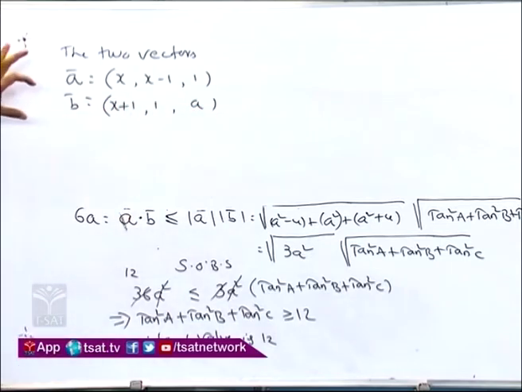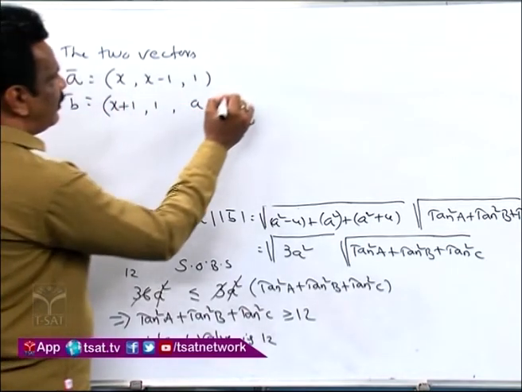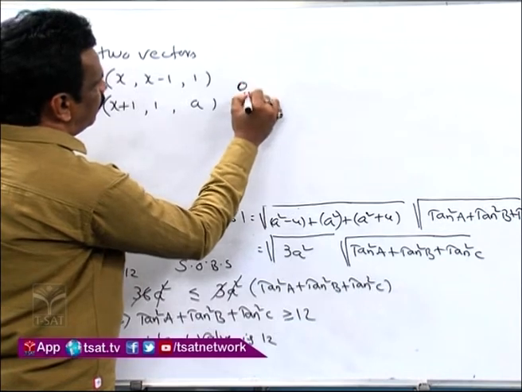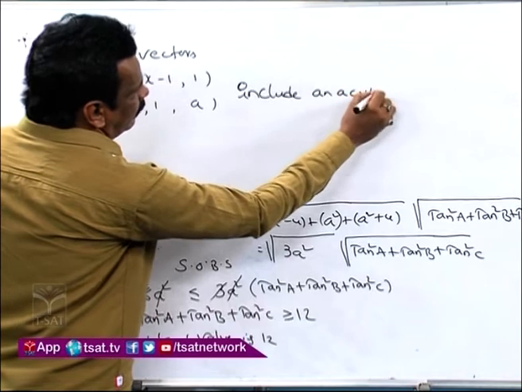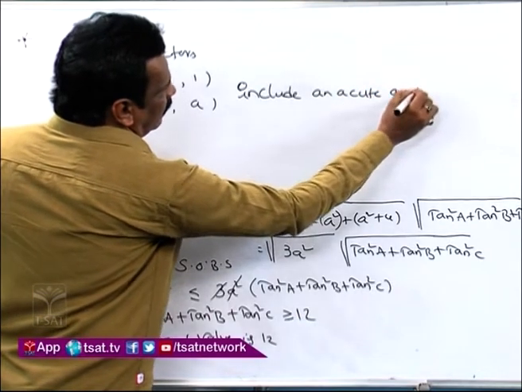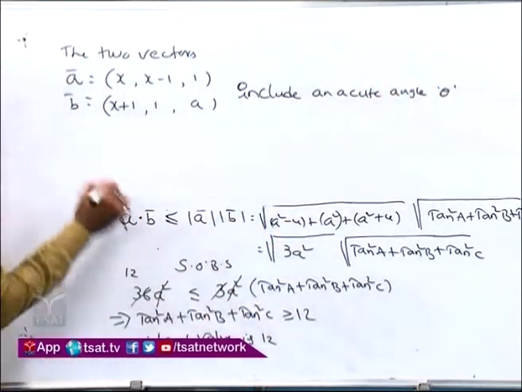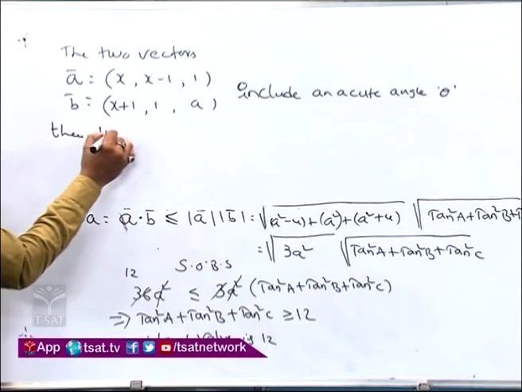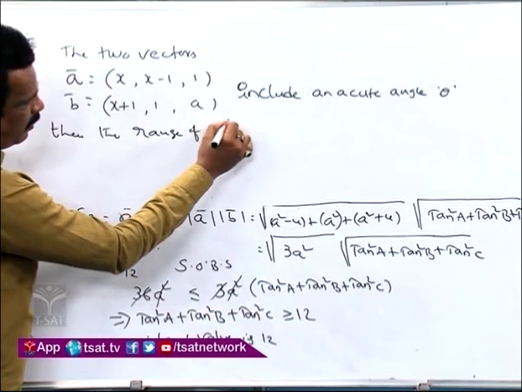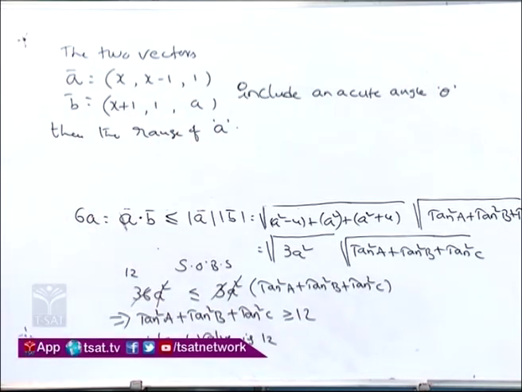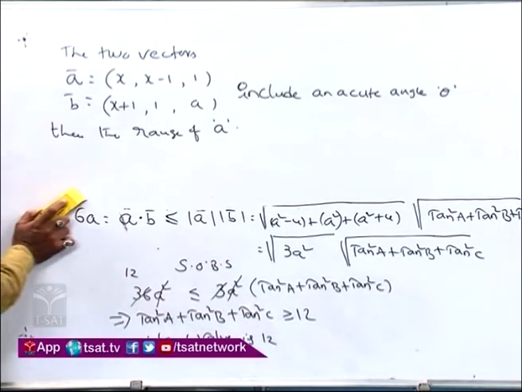So these two vectors include an acute angle theta, suppose, then the range of small a. Range of small a means the set of possible values of small a. So which concepts you can identify by solving this problem, we discuss.